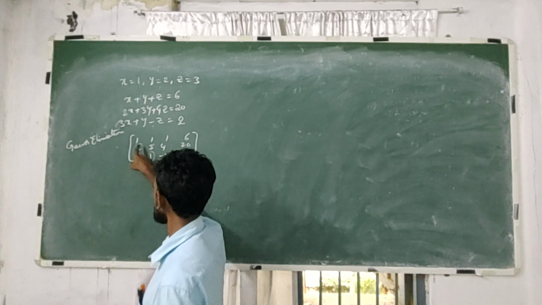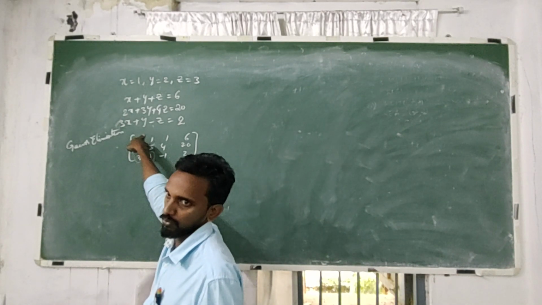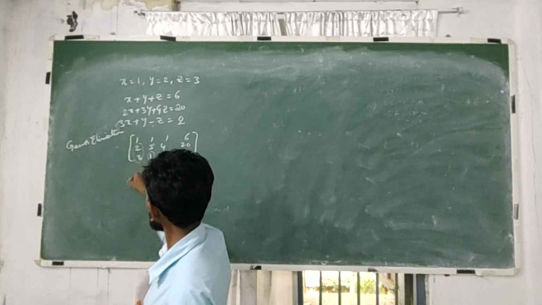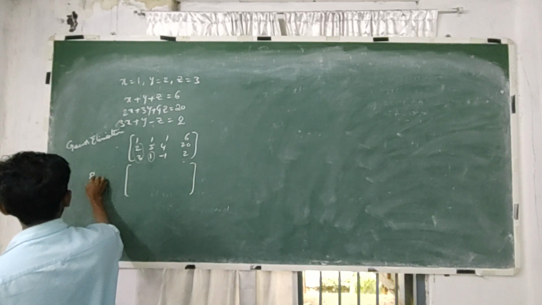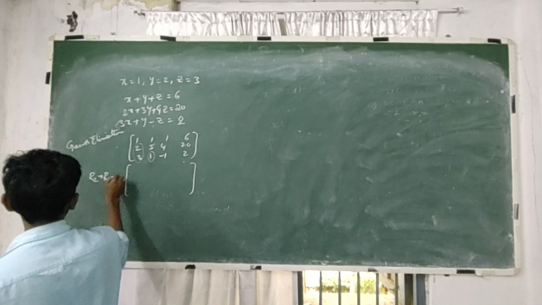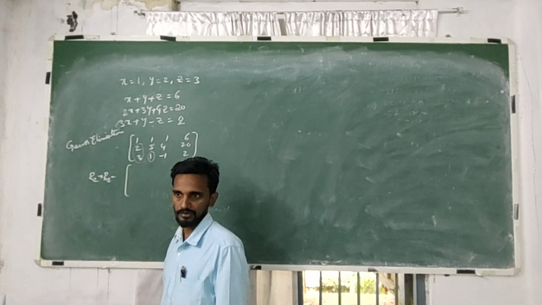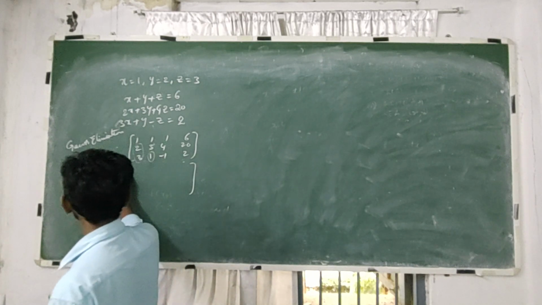So let's say I am applying row operations on this. I am considering one by one element as a pivot first of all. R2 should be modified as, I should not touch R1, whatever modification I have to apply on R2, it is R2 minus 2R1.